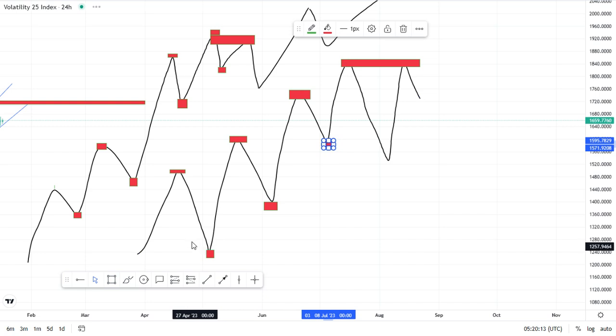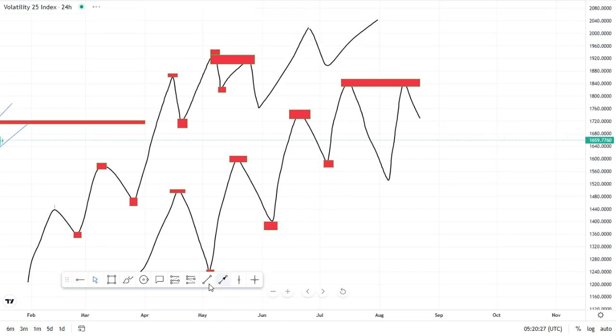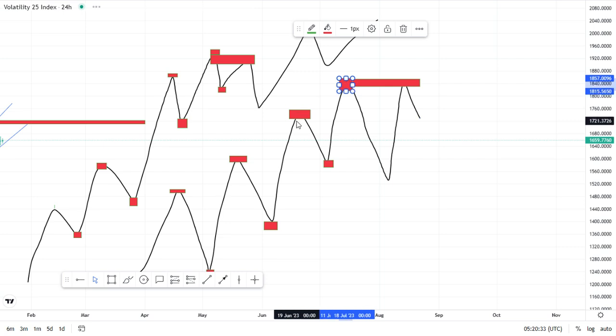Pay close attention. You see this particular swing high, this one here, is higher than this, and this is higher than this. This swing low is higher than this, and this is higher than this. Now at this point, the price created a new swing high, which is this one, and this particular swing high is higher than this.